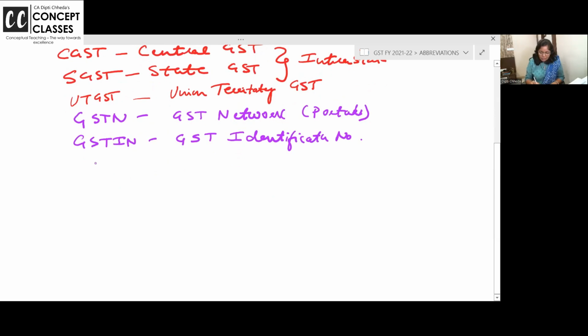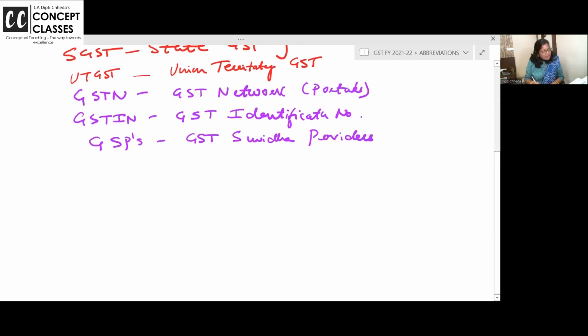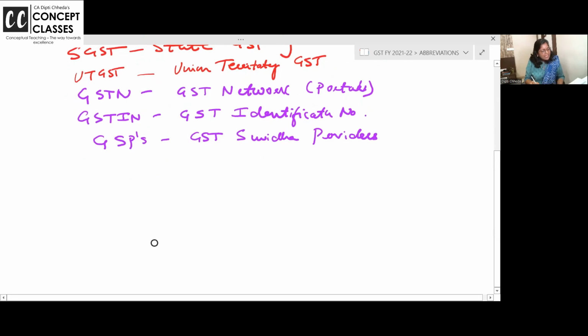Next, please write down GST Suvidha Providers. GST Suvidha Providers, they are helping.